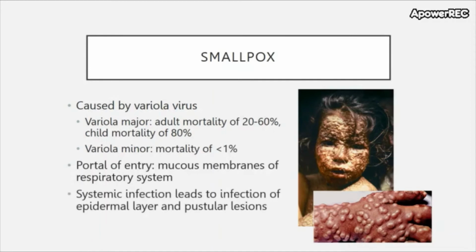Systemic infections lead to infection of the epidermal layer and create pustular lesions. So this is the only human disease that has been completely eradicated worldwide through the use of vaccines. Polio is very close and now only exists in Pakistan and Afghanistan.